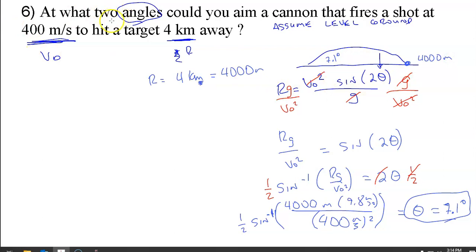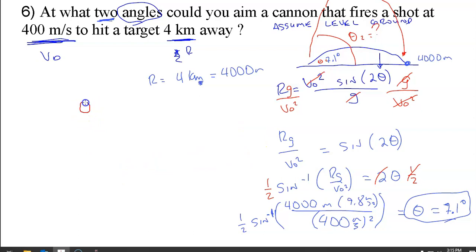But the problem actually said there's 2 angles. There's a second angle that works, and finding the second one, once you got the first one, is super easy. The other one comes about whenever you shoot this thing way high up in the air, and it goes up, up, up, and comes back down like that. So we're interested in this angle right there. I'm going to call it theta 2, and this will be theta 1 down here, the one we found.